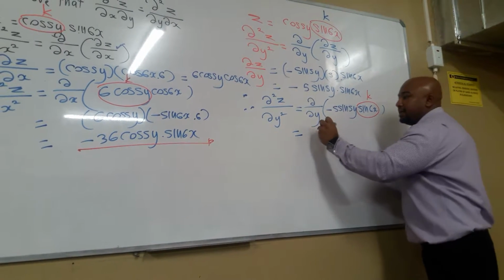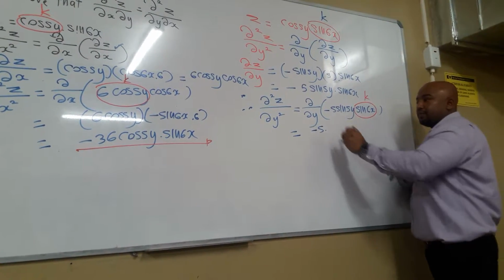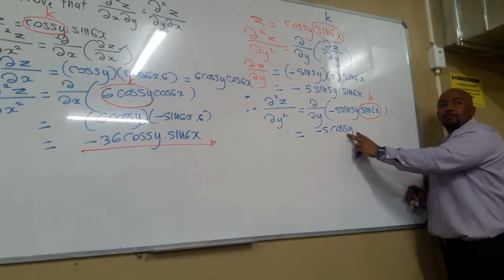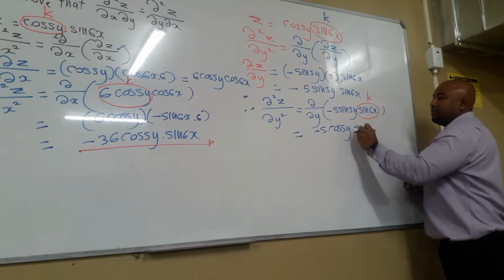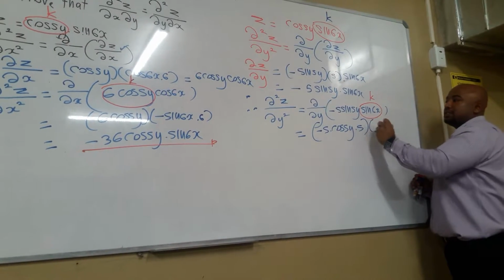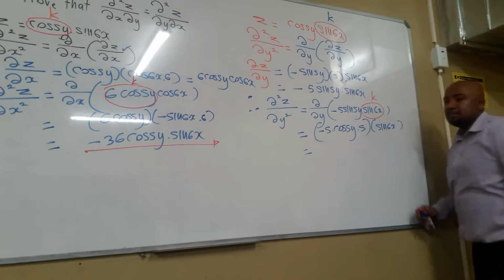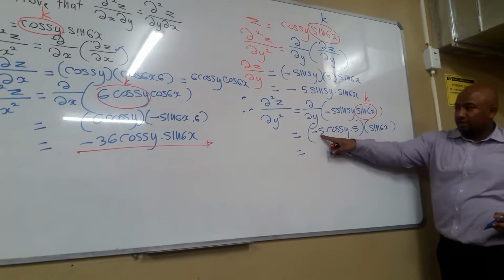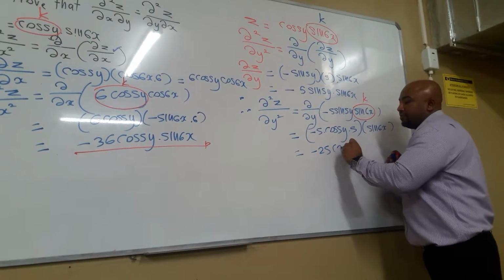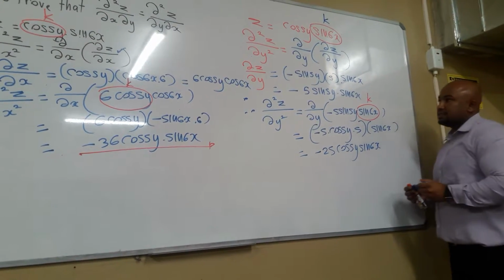So that will be minus 5 times the derivative of sine 5y, which is cos of 5y times the derivative of 5y, which is 5, multiplied by k, your constant, which is sine of 6x. Let's simplify this. You got your minus 5 times 5 there, which is minus 25 cos 5y sine 6x.